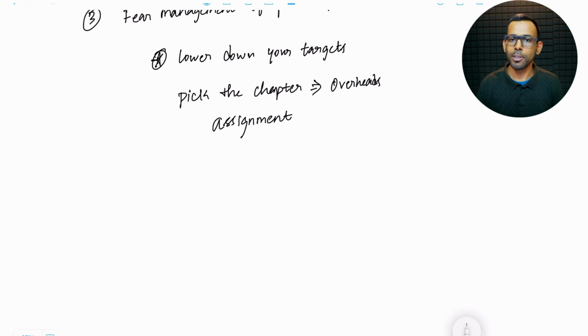Now, when I give you this suggestion, your mind will say that it doesn't look much effective. I am much above this strategy. See how your mind is fooling you. When you are asked to take up the challenge, when the challenge is pretty high, where you are not given the solution, the mind panics and it stops you from taking the action. And at the same time, when I lower down the target and I ask you to do the problem by referring to the solution, suddenly your ego is too big or too smart to do such a process.